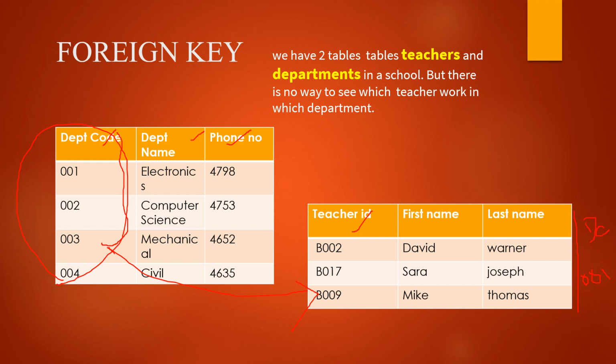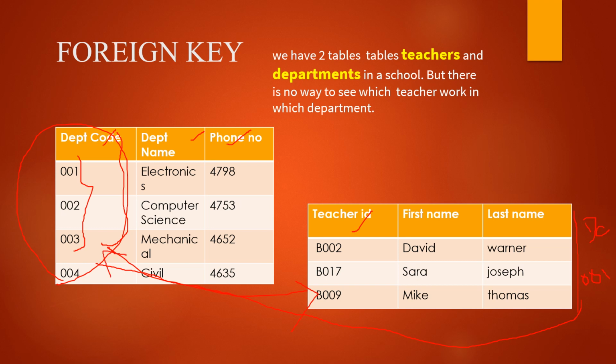That department code is the foreign key of the teacher table, which refers to the primary key of the department table, because department code is the primary key of the department table. So this foreign key refers to the primary key of the department table.